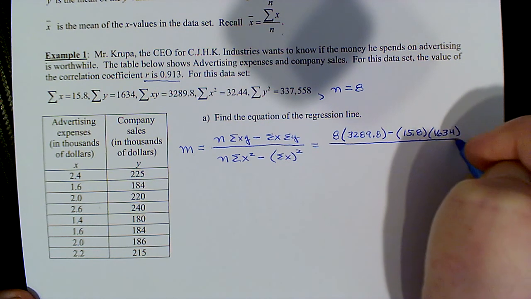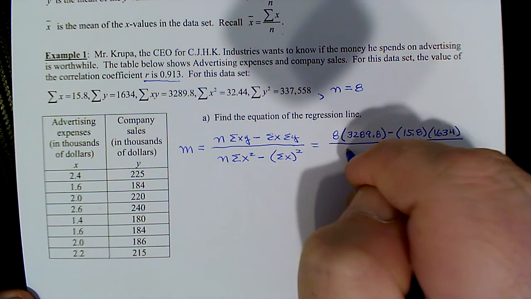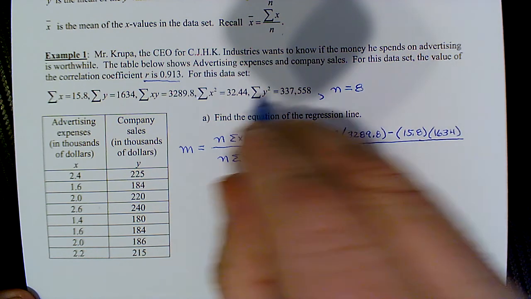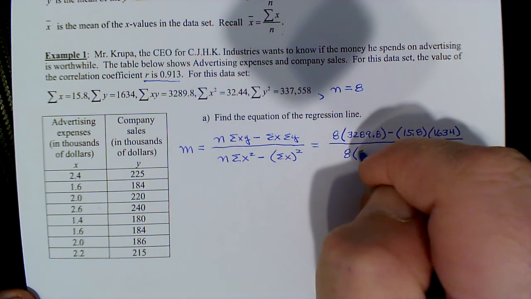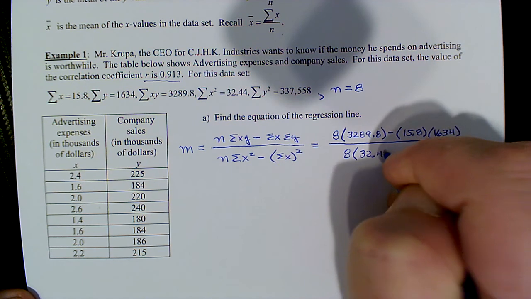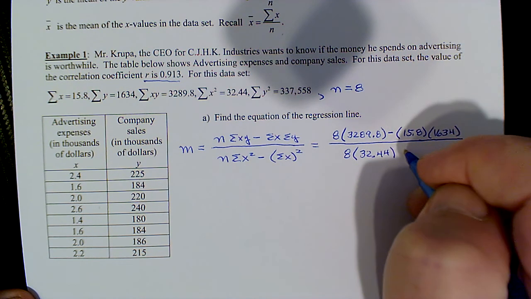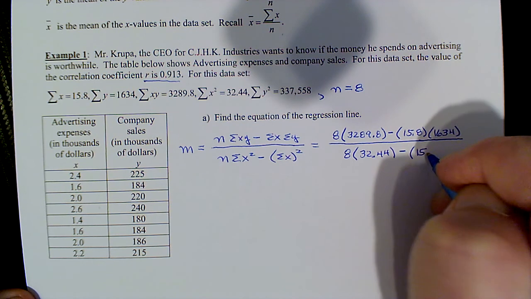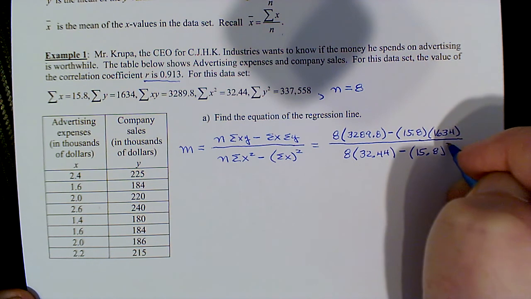And that's all over n again, which is 8, times the sum of the x squareds, that's 32.44, and then minus the sum of the x's, 15.8 again, as a quantity squared.